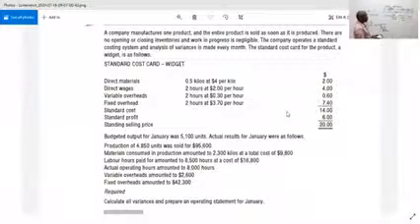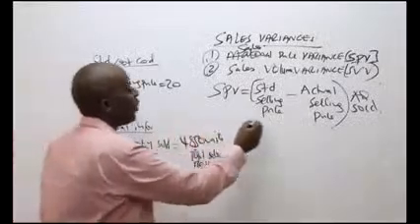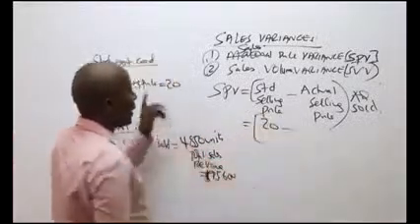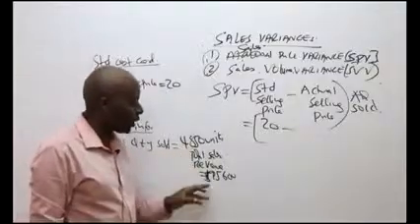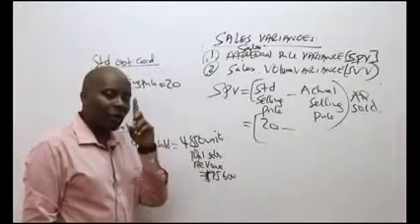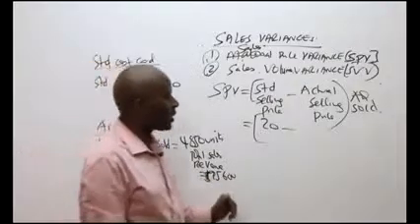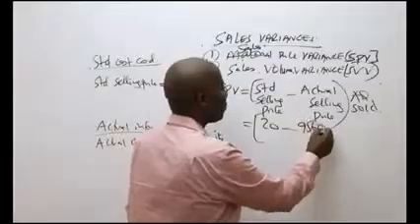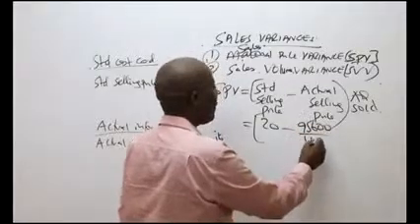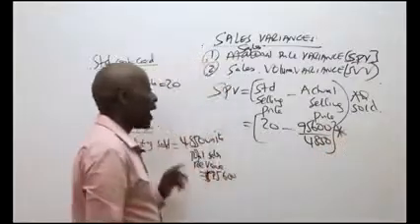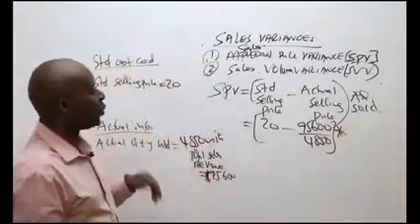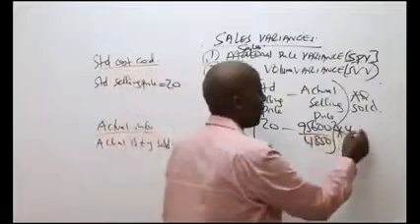Now, out of this, I'll be able to get my parameters very well. I will start with the standard selling price. The standard selling price is 20 minus the actual selling price. I can see this 4850 units gave me this money. How about the money given by 1 unit? It will be 95,600 divided by 4850, multiplied by the actual quantity sold, which is 4850.